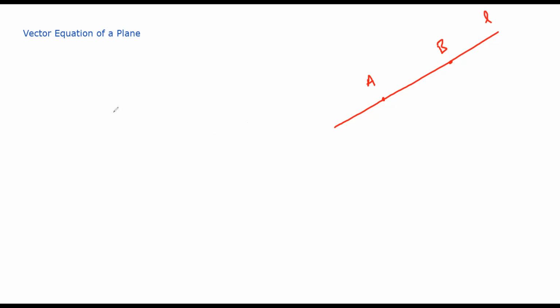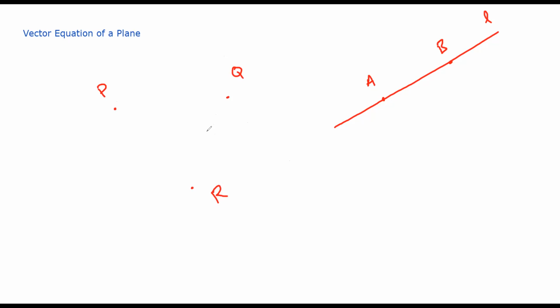A plane can be defined through three non-collinear points. Now look at this whiteboard over here. These 3 points are lying on this whiteboard. That is a plane that contains these 3 points.